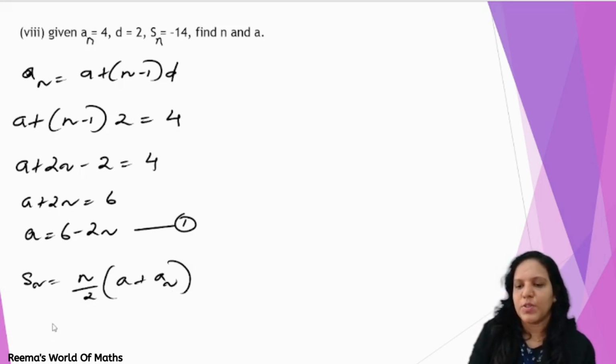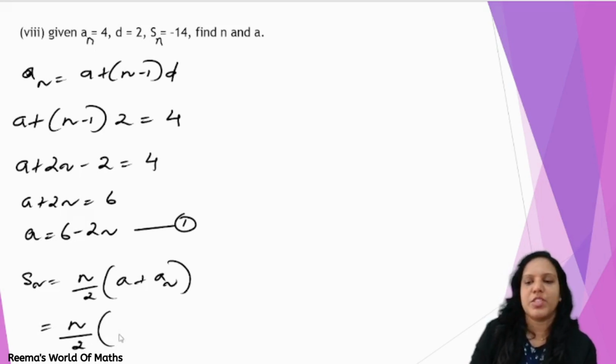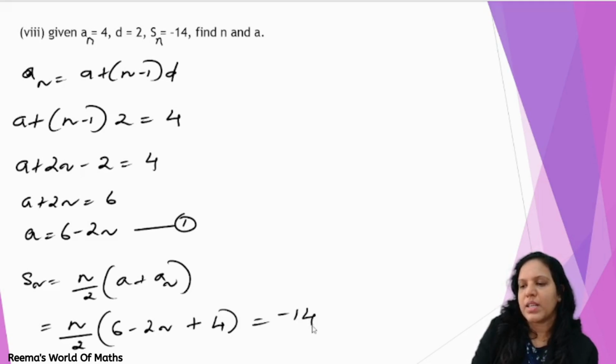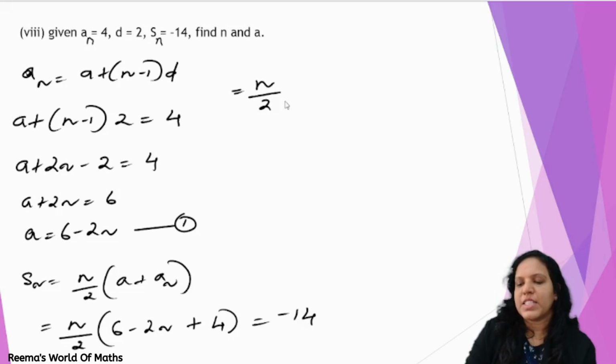Replacing the value of a from equation number 1, we can write 6 minus 2n plus an. An is here 4, equals minus 14, correct? So that is n by 2 multiplied by 6 minus 2n plus 4, that will be 10 minus 2n, equals minus 14.